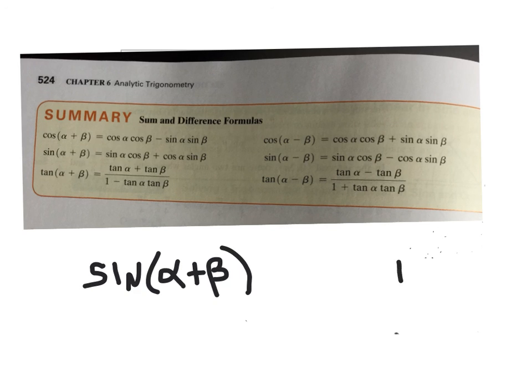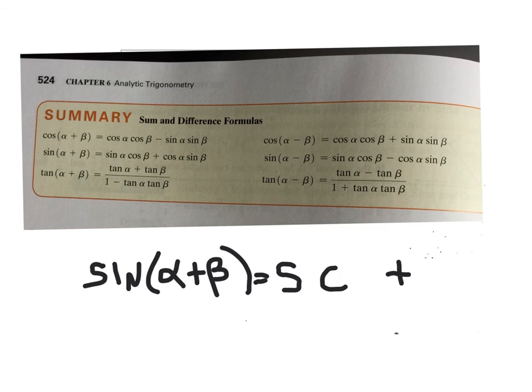Let me just do this one here, sine of alpha plus beta. So this one is going to be the plus, right? And then we have, I'm just going to use S and C, sine, cosine.